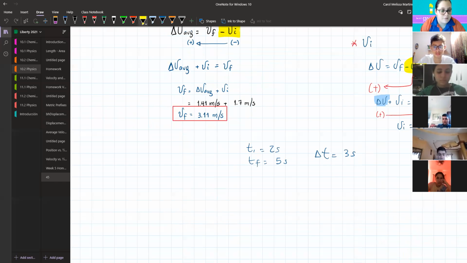But sometimes when negatives come in, for example, the initial time is negative 2 seconds and the final time is negative 5 seconds, it's a lot more complicated. You cannot do it mentally.